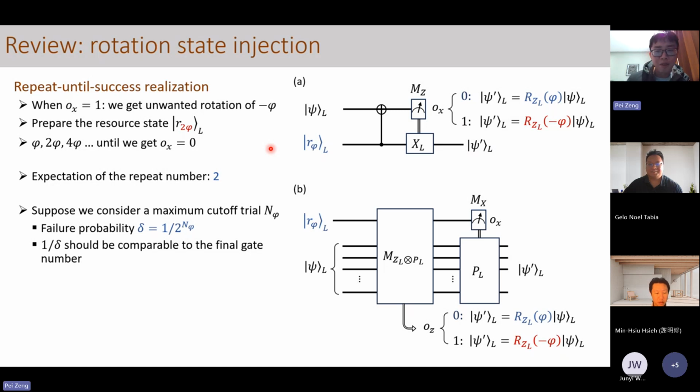Maybe I am taking too long, and I will try to speed up. Basically, you can do this rotation state injection, and as long as you can prepare the resource state on the surface code, then you can implement the rotation gates.